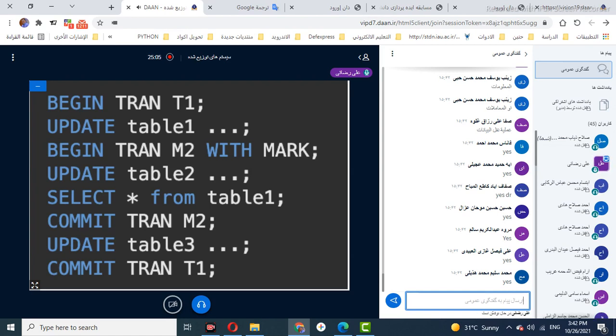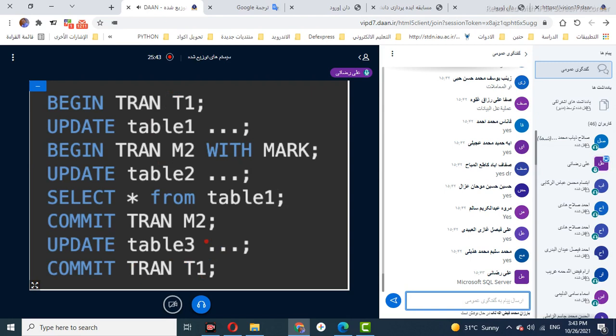This is a real transaction written for Microsoft SQL Server. Most of you may have heard about Microsoft SQL Server transactions. For example, here we have begin tran T1, update table 1, begin tran M2 with mark, update table 2, select all columns from table 1, commit tran M2, and update table 3, and then commit tran T1.